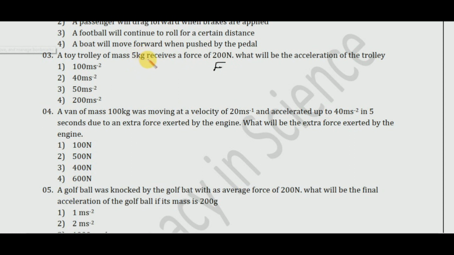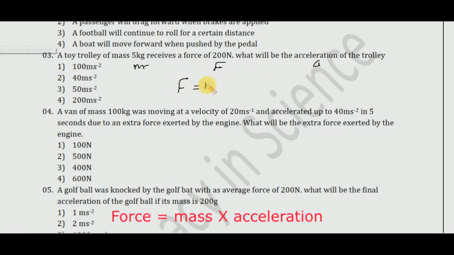So force is F, mass is m, and we are asked for the acceleration. If you write this, you can understand the relationship you are going to make, because you studied the equation force equals mass into acceleration, F equals ma.